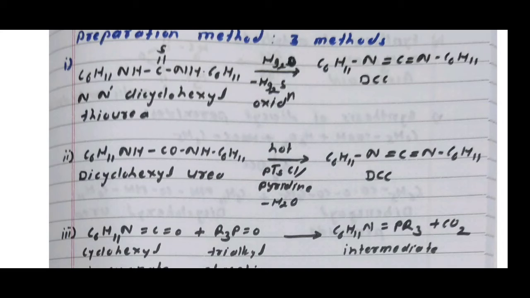This is the second method of formation of DCC from dicyclohexyl urea in the presence of para-toluene sulfonyl chloride in hot pyridine. This is the second method of preparation of DCC.